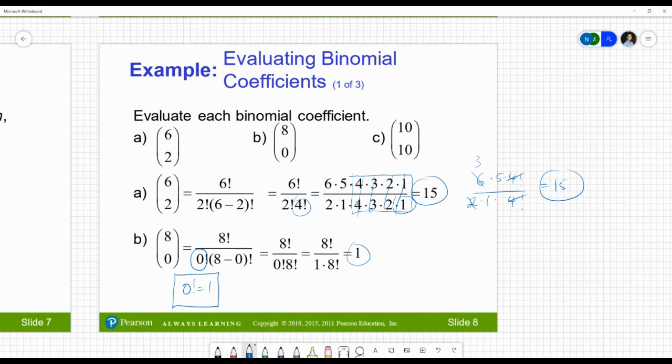If you think about it, in a combination, if you have 8 things and you have to pick all of them, how many ways can you pick all of them? Well, there is only one way to pick all 8, because it doesn't matter the order you pick them in, as long as you have all 8 of those items. So therefore, you can only have one way to take all of those 8 objects.